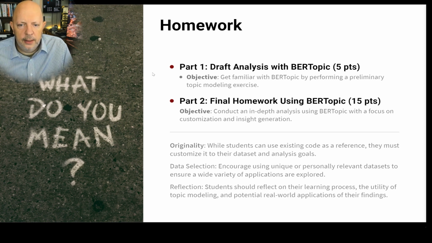One is due in a week. But basically you just have to show me a draft code. Just show me that you're trying to do something with BERTopic. You load a data set and boom, you got it processing in BERTopic, but it dies. Or here's a problem. That's all I want on this. It doesn't have to be functional, it doesn't have to be working. You have a data set loaded and you're trying to do something with BERTopic. That's all I ask. 5 points.